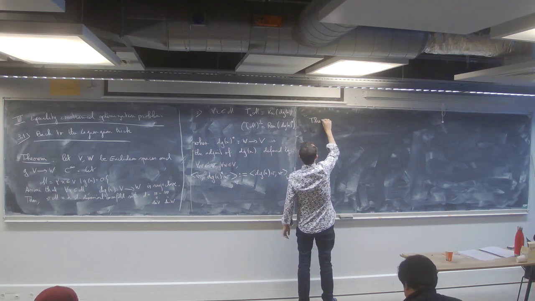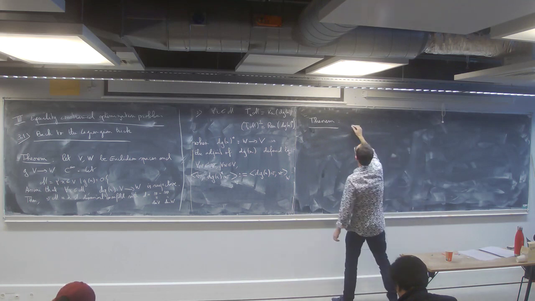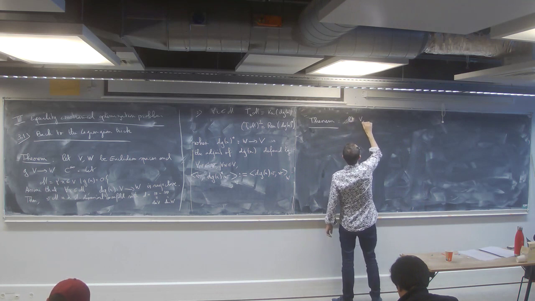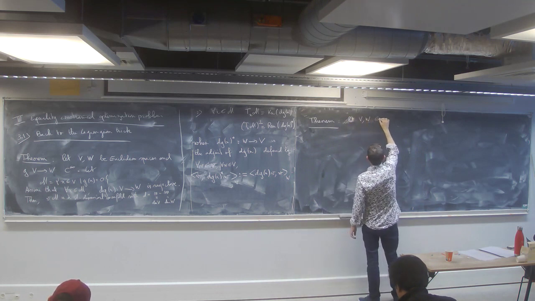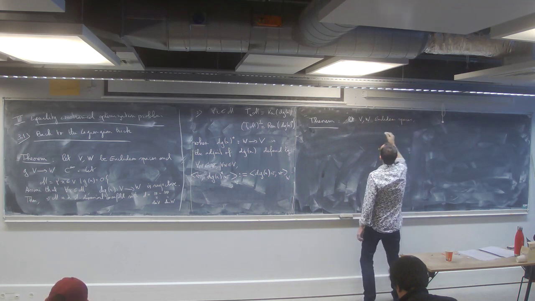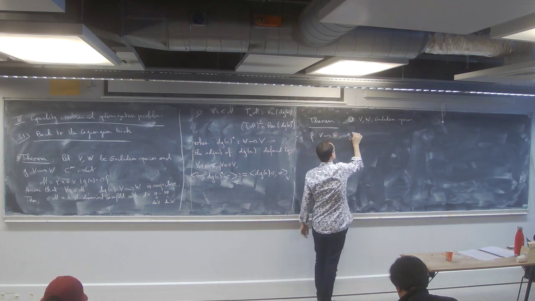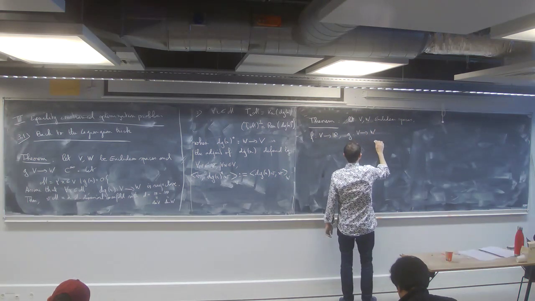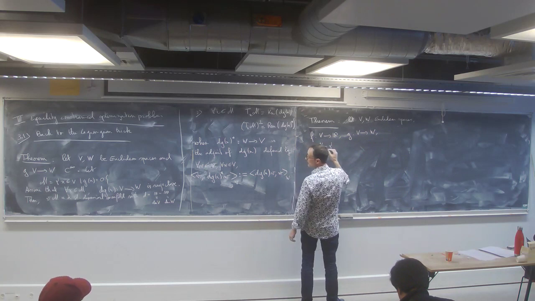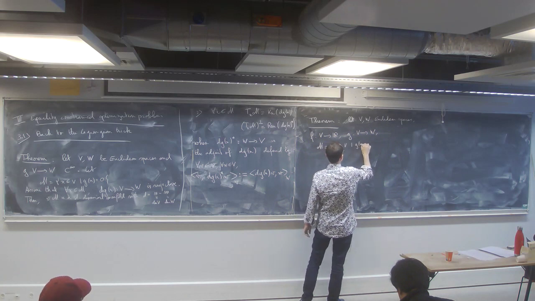Okay, so let's see one. Now let V, W be Euclidean spaces, F from V to R and G from V to W. M, again, is the set of points X in V such that G of X is equal to 0.